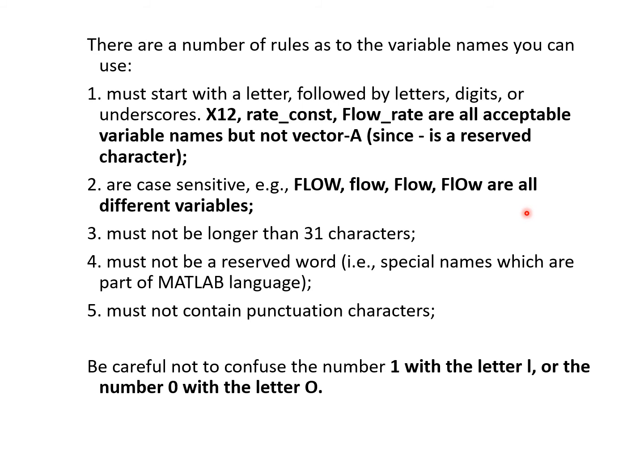There are a number of rules as to the variable names you can use. First, it must start with a letter, followed by letters, digits, or underscore. You cannot start with numbers since it will be treated as a number.